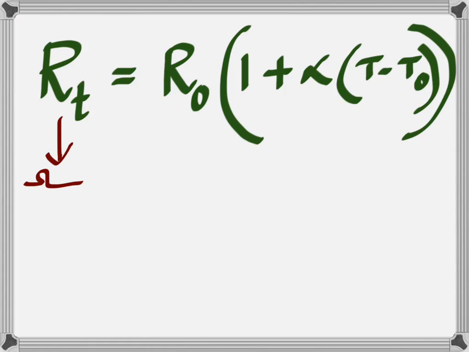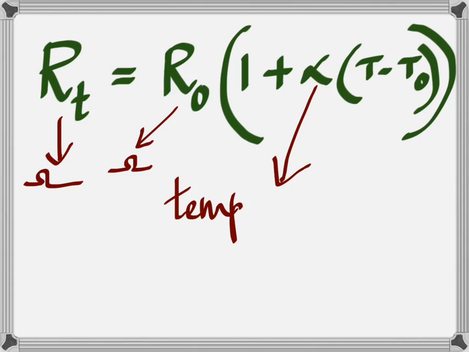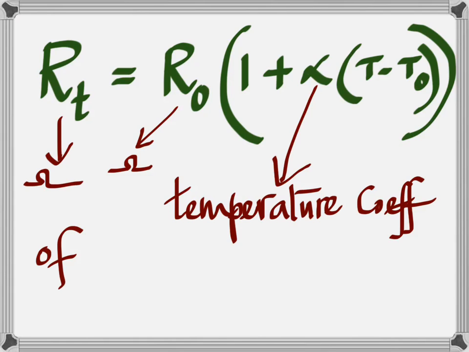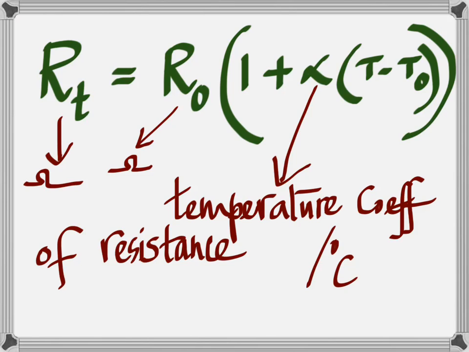That is the resistance at T and at 0 degrees Celsius, both in ohms. T is the temperature, which could either be in Celsius or Kelvin because you are talking about the difference there. And alpha is a constant for every material again. It is called the temperature coefficient of resistance. And its unit, if you rearrange that, is per degree Celsius or per Kelvin.